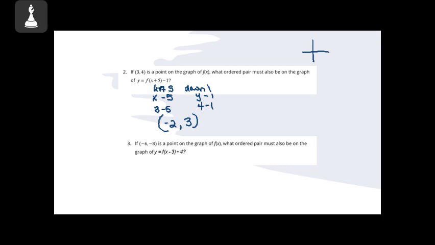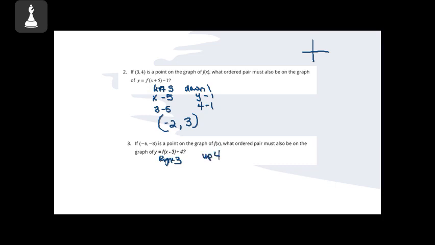If (negative 6, negative 8) is a point on the graph, what ordered pair will be on the graph of the function f(x minus 3) plus 4? So minus 3 inside means I want to move right 3, and plus 4 on the outside means I want to move up 4.